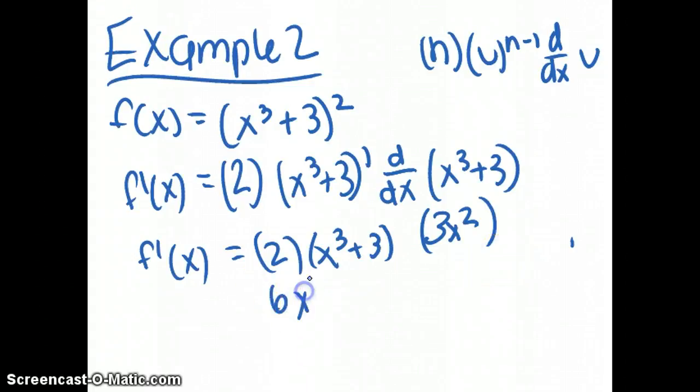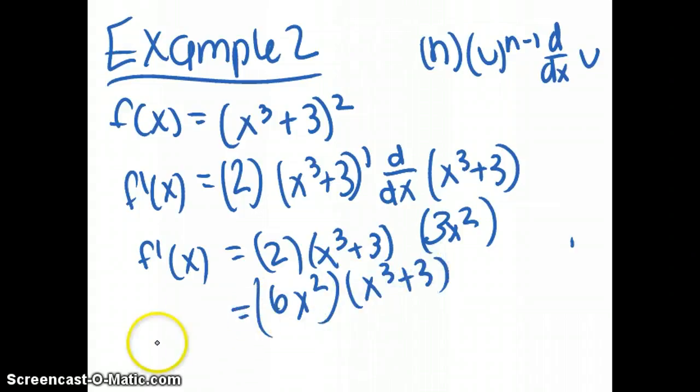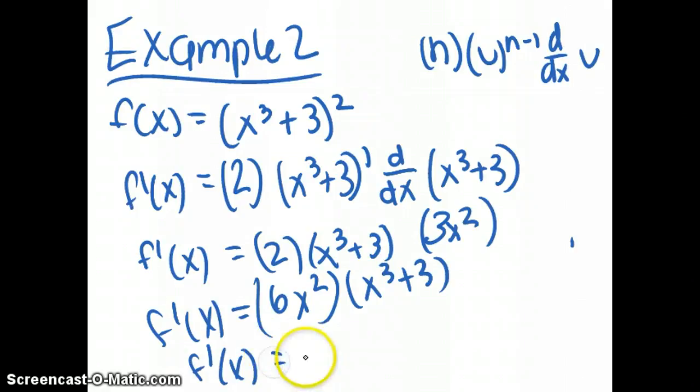So then it becomes 6x squared multiplied times x to the 3rd plus 3. And you can leave it like this, or you can simplify it one more step. If you simplify it one more step, it will be 6x to the 5th plus 18x squared. And so that's just the way you use the chain rule.